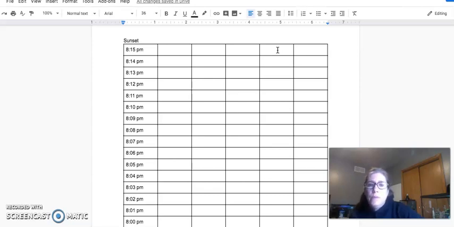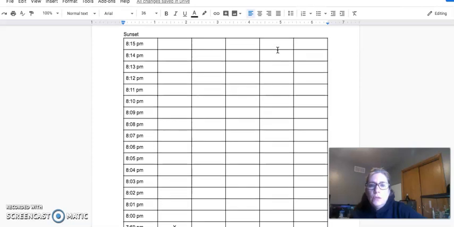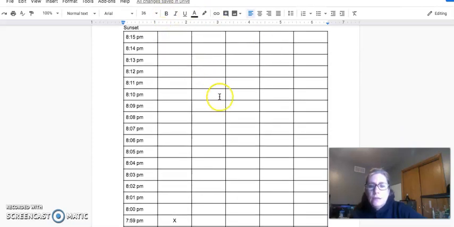On the next page that you have open, you're going to label the top of it sunset, and this time we are going to label 8:15 p.m. and then go down 1 minute. 8:14, 8:13, 8:12, 8:11, 8:10, and then 8:09, 8:08, 8:07, all the way down, and you can stop at 8 o'clock. And again, we're talking about time, and we're talking about it being at night, so we are going to use the label PM. We used AM for the morning, we used PM for the evening.